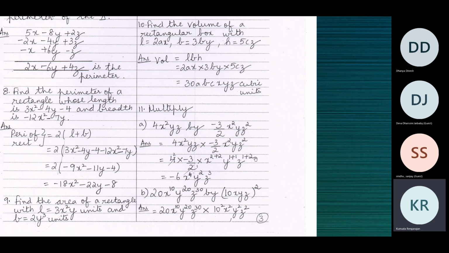So z to the power 1 plus 2, because when it's y, the power is 1. When it's z, the power is 1. And when the bases are the same and it's multiplication, we have to add the powers. That gives us minus 6x to the power 4 y square z cube.